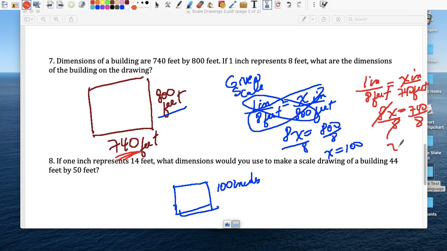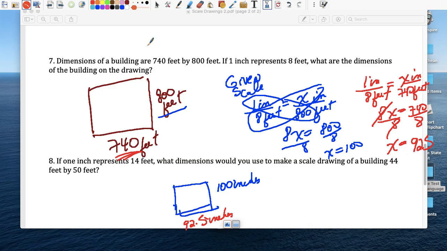That simplifies to 1, and 740 divided by 8 is a nice number, 92.5 inches. So on a scale drawing of the building, that 800 feet would be 100 inches in our drawing, and that 740 feet would be 92.5 inches.